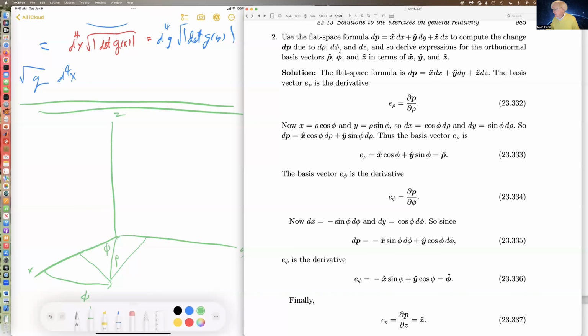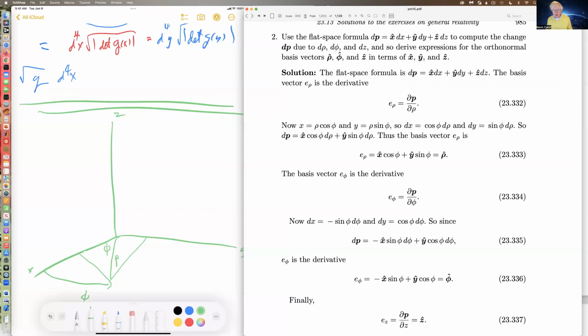Okay, now I'm going to skip to a much later problem, problem 13.28. I think this is intrinsically interesting, especially for those of you who are interested in cosmology, which is what we hope to get to later.